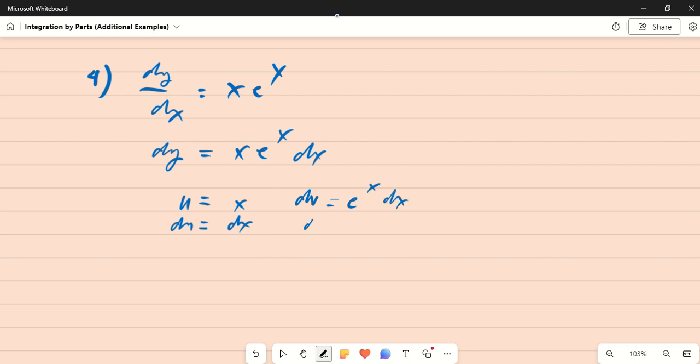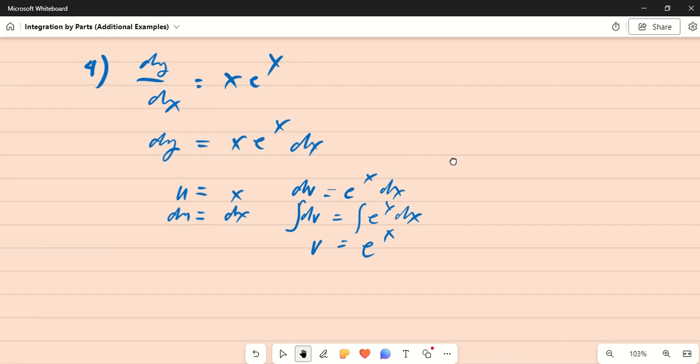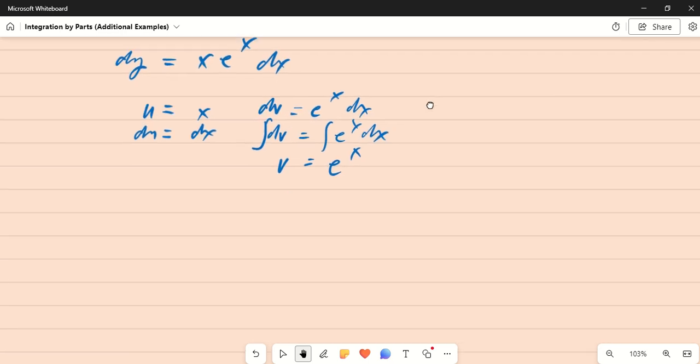Then you get the integral of both sides. So integral of dv is equal to the integral of e raised to x dx. And you are aware that the integral of e raised to x dx is e raised to x. We'll be adding the arbitrary constant afterwards in our final answer.